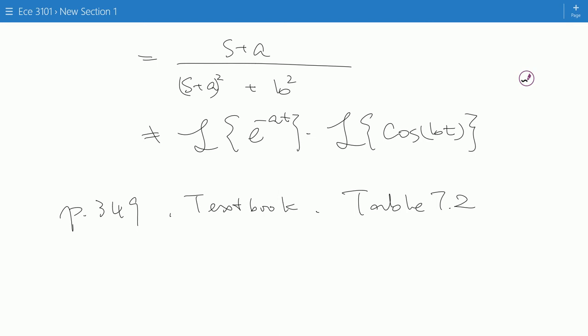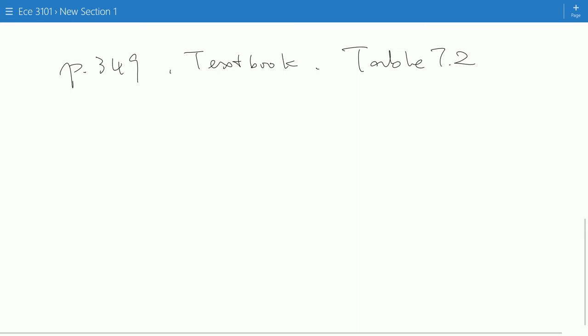Okay. Let's continue. Now, as far as the properties of the Laplace transform, as we discussed, they share a lot of them, almost all of them, with the Fourier transform, with some modifications here and there.